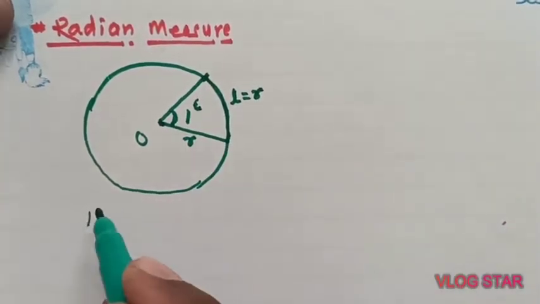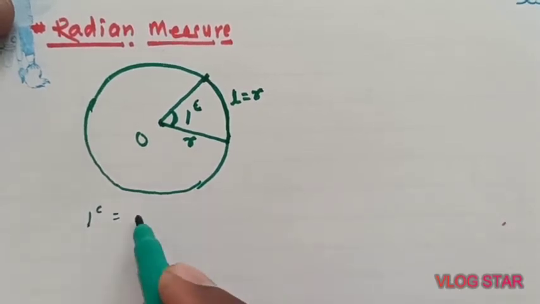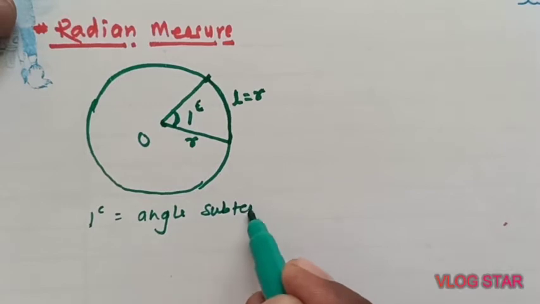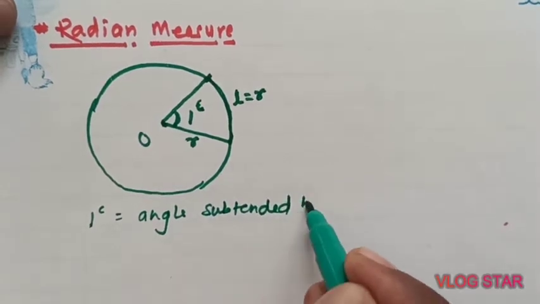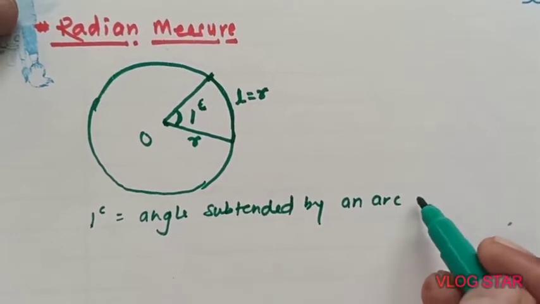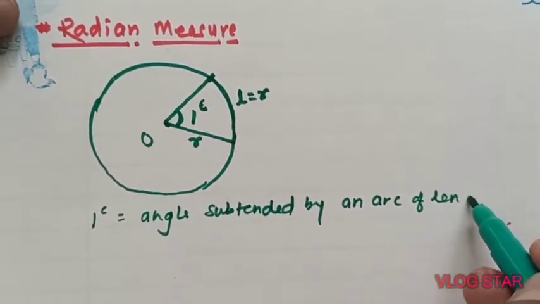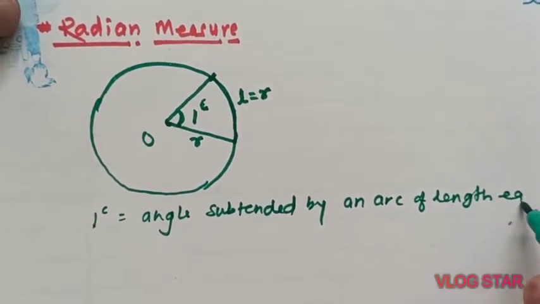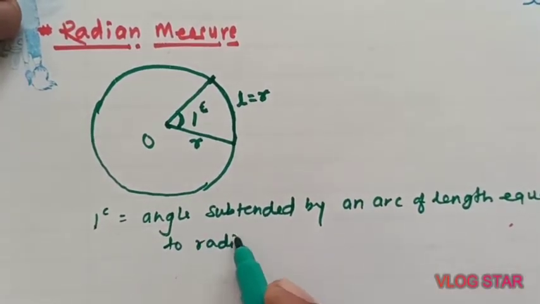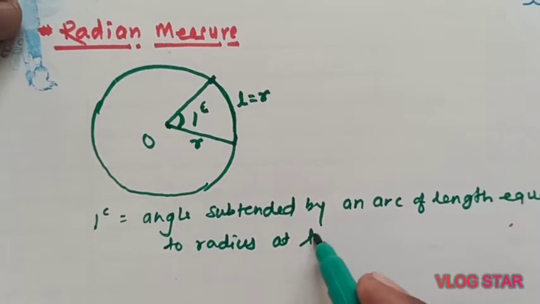So 1 radian is the angle subtended by an arc of length equal to the radius at the center.